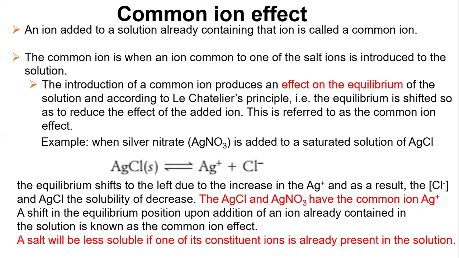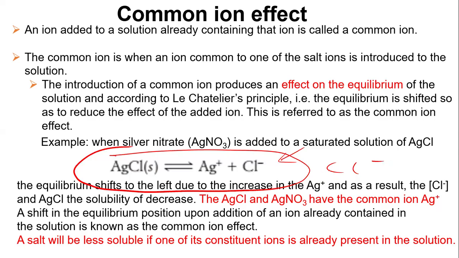Now, this effect is very simple. Let me use this to explain. The equation here is silver chloride at equilibrium with silver ions and chloride ions, right? At equilibrium, if I introduce more chloride ions into the medium, according to Le Chatelier's principle, if anything is added to the equilibrium, it has to shift in a way to cancel out that effect.